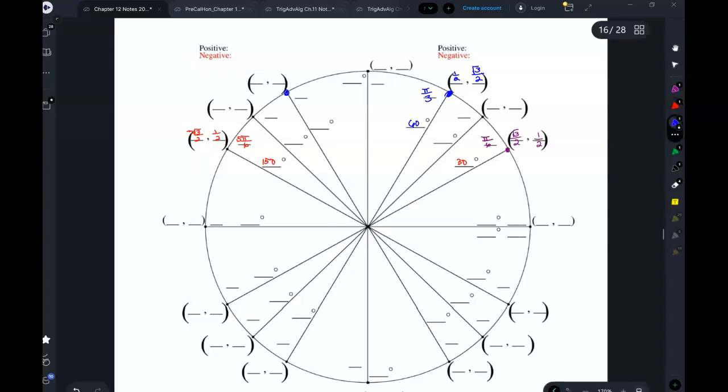For the 60 degree here, it's 120 degrees and 2 pi over 3. Do I go shorter horizontally or longer? Shorter horizontally, so it's going to be negative a half, root 3 over 2.